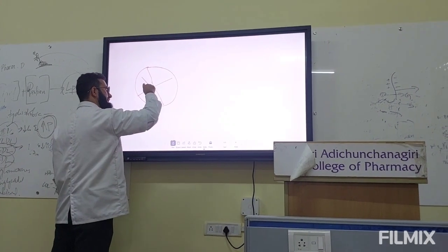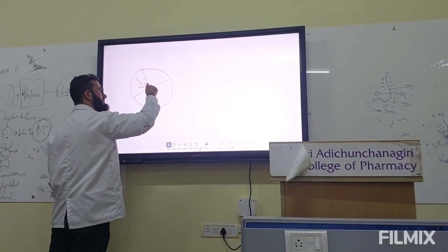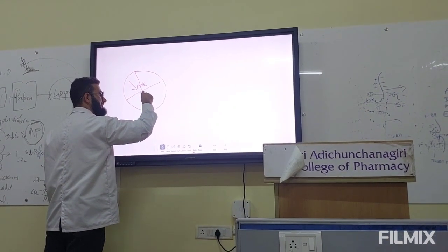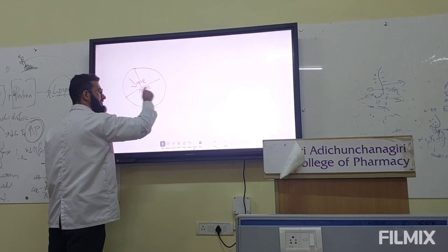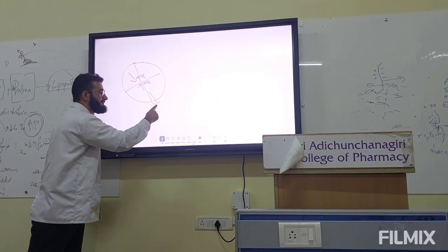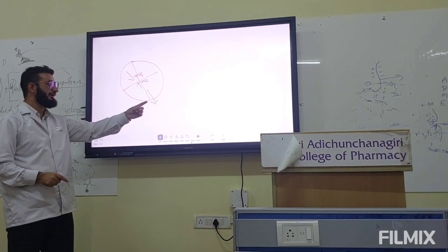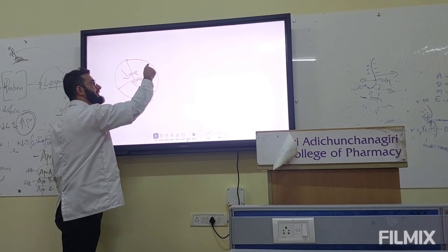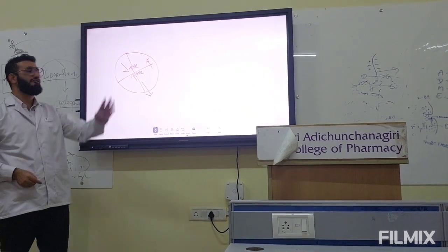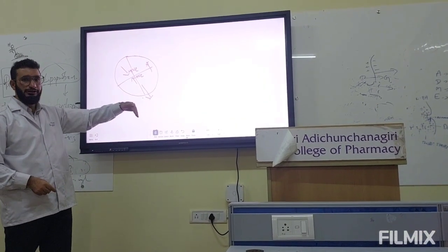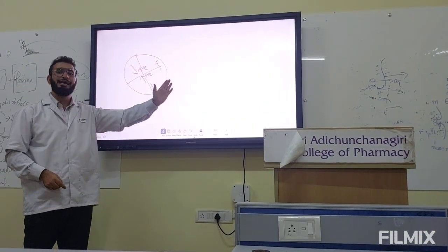This was the first vector carrying positive charge, and then this was the second vector carrying positive charge upwards. This is the septal depolarization. This is the major ventricular depolarization. Then the third one is basal depolarization, carrying positive charge upwards. Septal is upward, major ventricle is downward, and the basal is again upward.